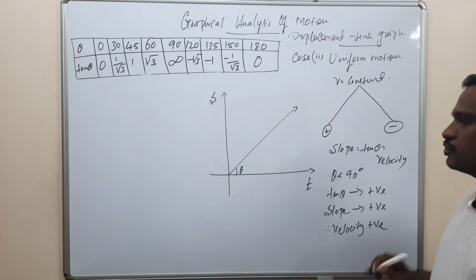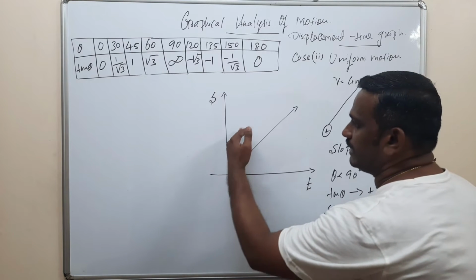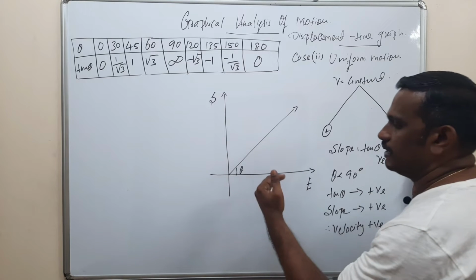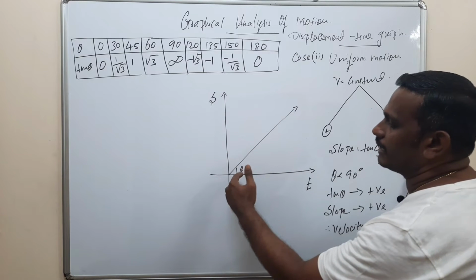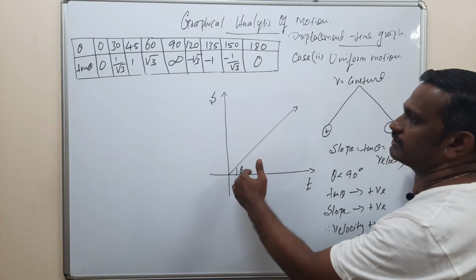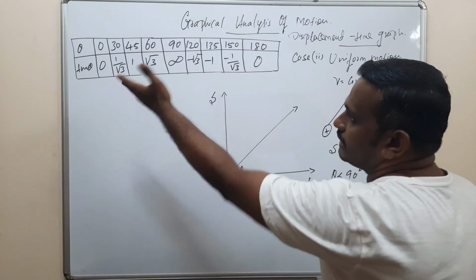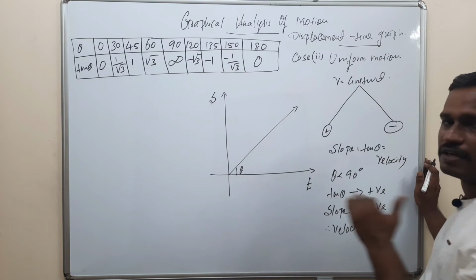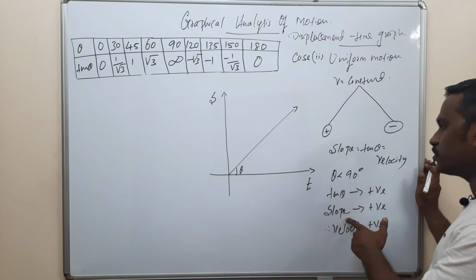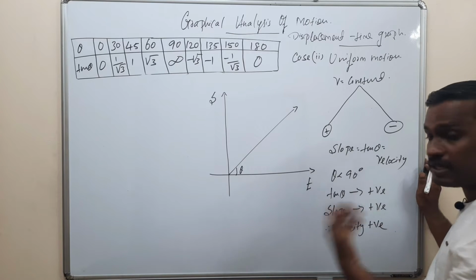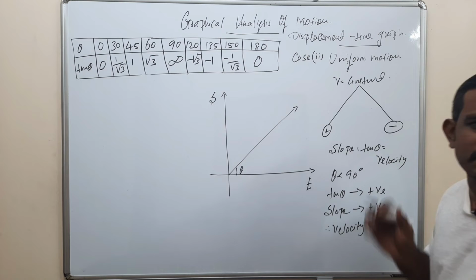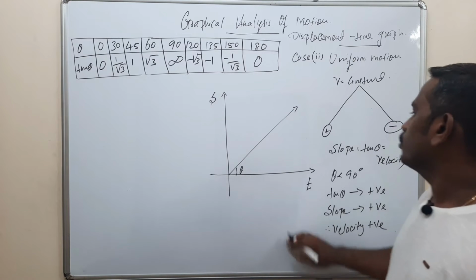Clear? So the slope of the displacement time graph gives the velocity. Here the angle made by the curve is theta, less than 90 degrees, so tan values are positive, which means slope is positive. So slope gives the velocity, therefore velocity is positive.